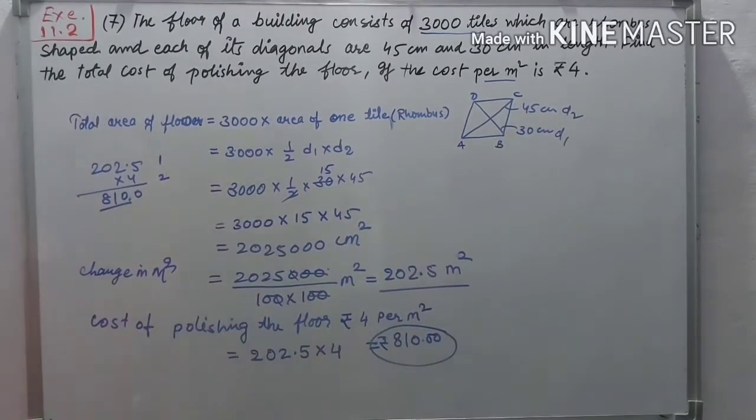It is the total cost of polishing the floor with 3000 tiles.